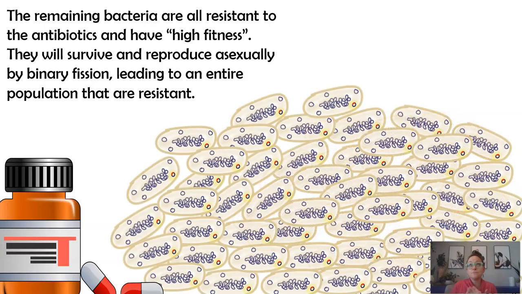This new mutation providing resistance means antibiotics don't kill them, so it confers high fitness. That trait is selected for in this bacterial population, and now they're the ones who survive and reproduce. Now you have a whole population of bacteria that are resistant.